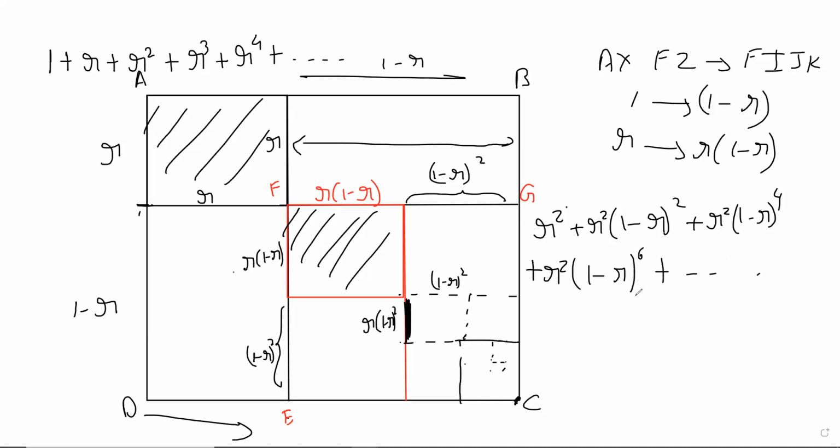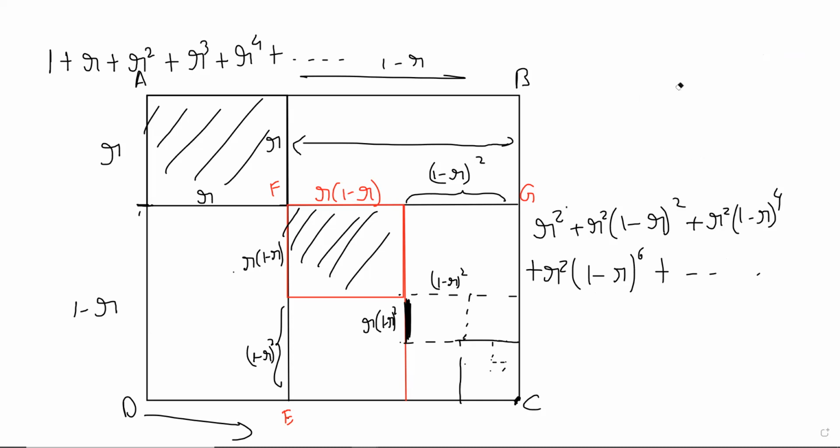But that is not the whole thing. Now you have to, in the same way, count the other things also. But that's not difficult. What are the other things? Let's do this one. This one is a rectangle, right? What is the area of that? r times 1 minus r, right? So we have gotten the diagonal squares. Now we have an r times 1 minus r rectangle. Again, same thing.